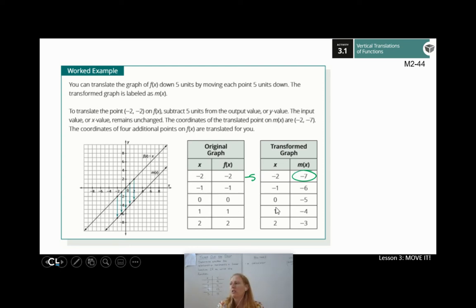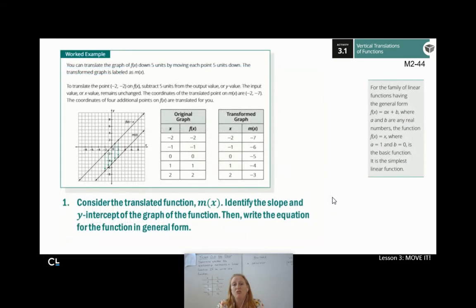So again, x's all stay the same, but for each of those y-coordinates, we had to subtract 5. -1 minus 5 is -6. 0 minus 5 is -5. 1 minus 5 is -4. 2 minus 5 is -3. So when we went down 5 units, we subtracted 5 from all of our y-coordinates. X didn't change.